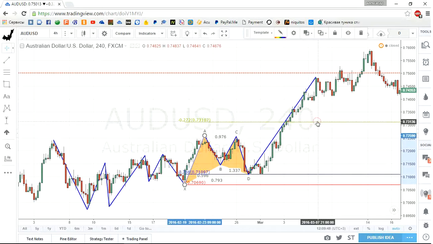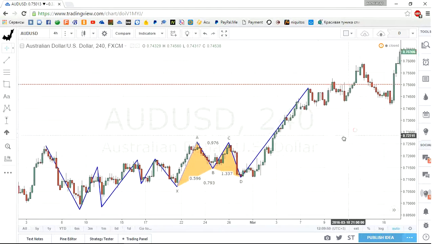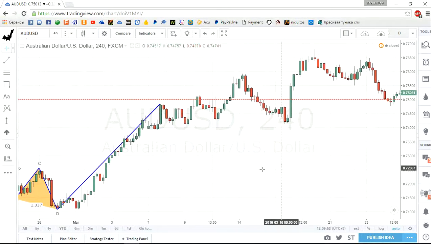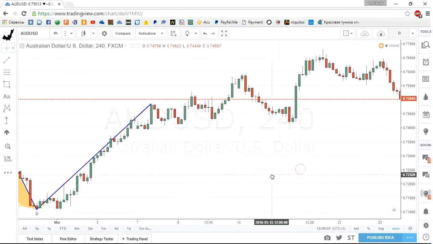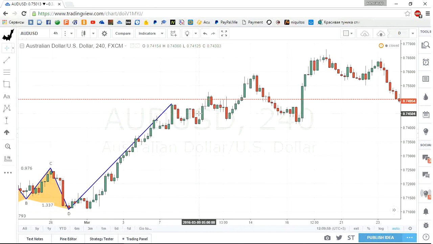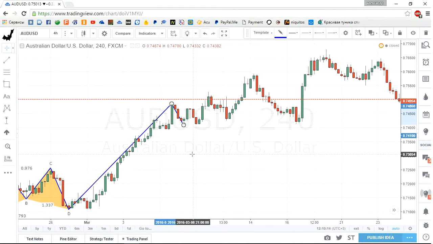Let me delete these strips. Let me zoom it a bit this way. Okay, what we have here, we have that movement to the downside, and that movement is called a correction because it's not touching the lowest close, not touching the lowest zone of an impulse.